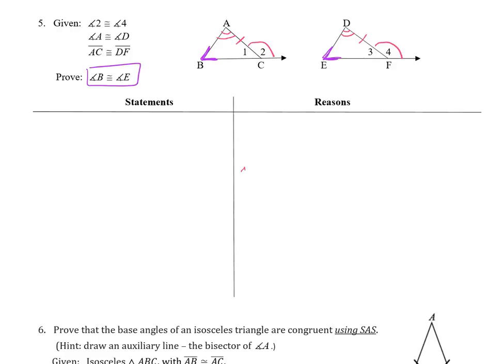Well, what you guys need to think about is that if these two angles are linear pairs, as well as these two angles, like let's give an example here. Let's say this is 100 and this is 100. Well, if they're both 100, their linear pairs would each have to be 80, right? That just makes sense, all right? So 1 and 3 then must also be congruent.